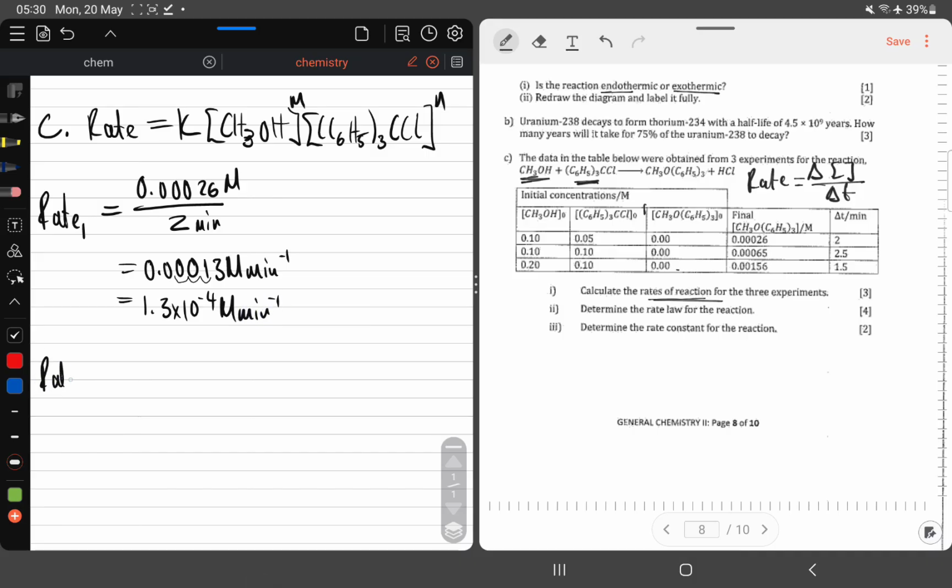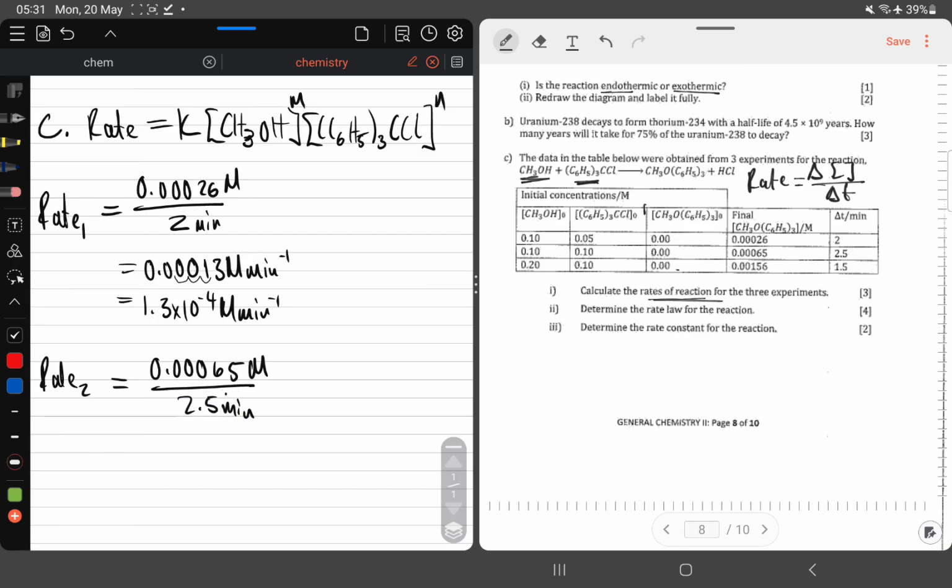Then rate 2 for experiment 2 is going to be 0.00065 molar divided by 2.5 minutes.